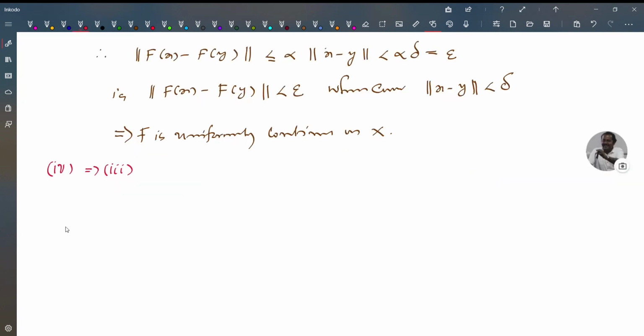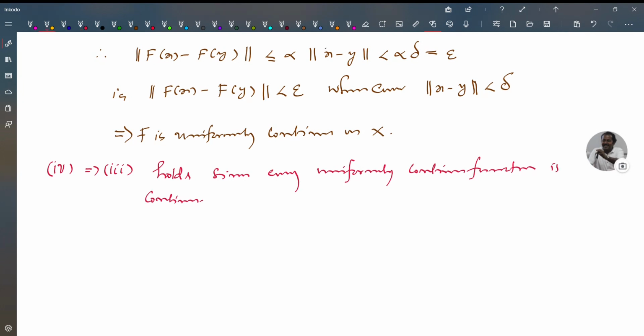So 4 implies 3 holds, since a uniformly continuous function is continuous. Now we prove 3 implies 2.